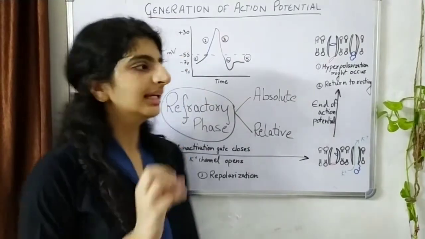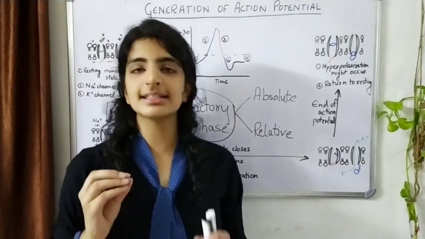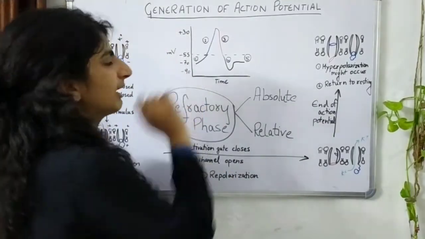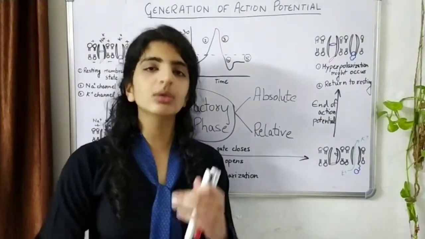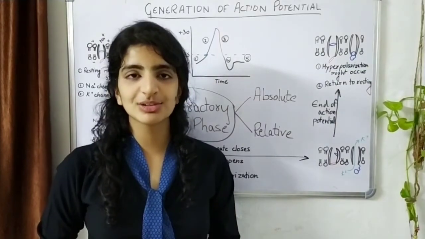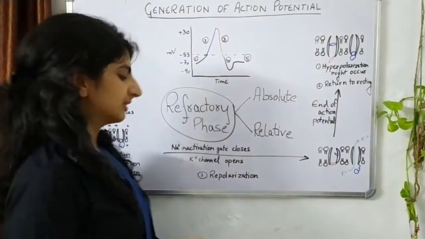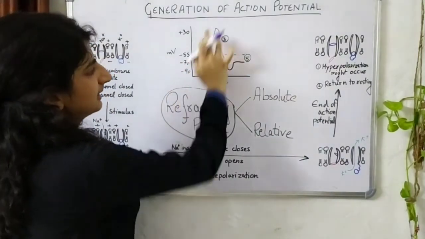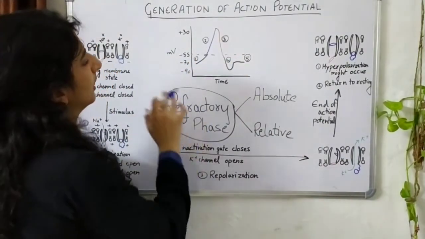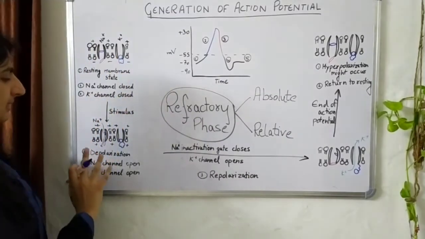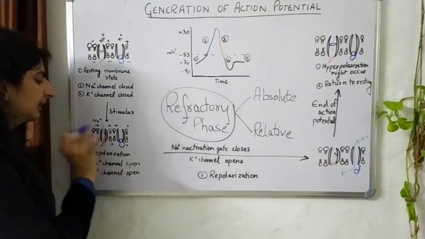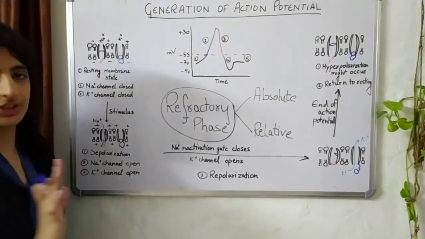Which means that now, if the cell has received a very strong stimulus, more than this minus 55, it will generate another action potential. Now, exactly how this will occur is that, say there's this action potential that is occurring, the sodium ion channel is in the state where sodium ions are flowing in, the inactivation gate and the activation gate both are open.